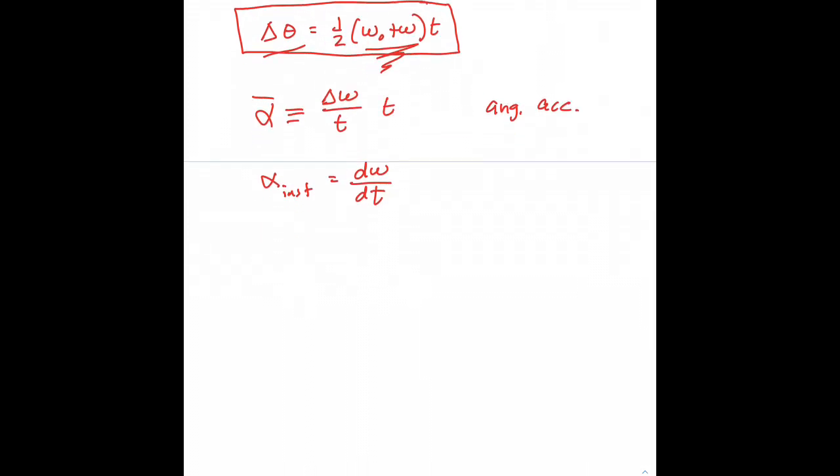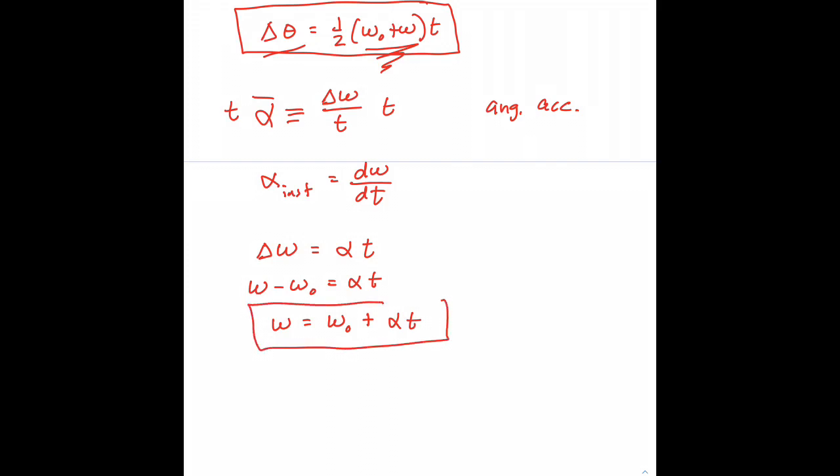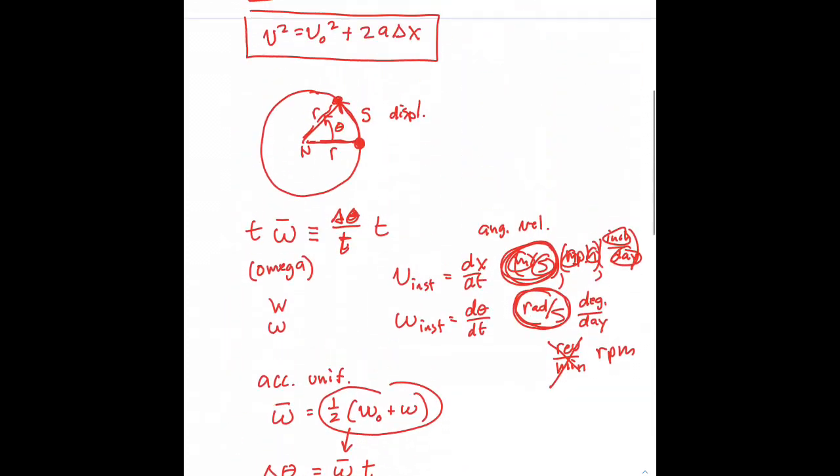So we multiply both sides of the equation by t, and we find the change in angular velocity is the angular acceleration multiplied by time. Change in angular velocity should be the final angular velocity minus the initial angular velocity. And when we rearrange, we can state the equation: final angular velocity is initial angular velocity plus acceleration times time. So we have a second kinematics equation for objects that spin around in circular paths.